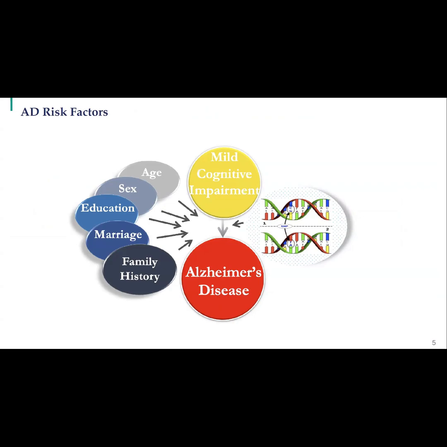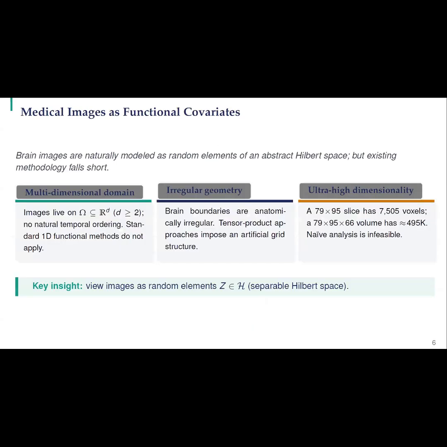We have age and gender, education, intellectual activities, marriage, family history, the genetics, and many, many other things. And this can be related to mild cognitive impairment, and it can be related to how severely and how soon this moves into full-blown Alzheimer's disease. So this is one of many components that are needed for understanding this, the images.